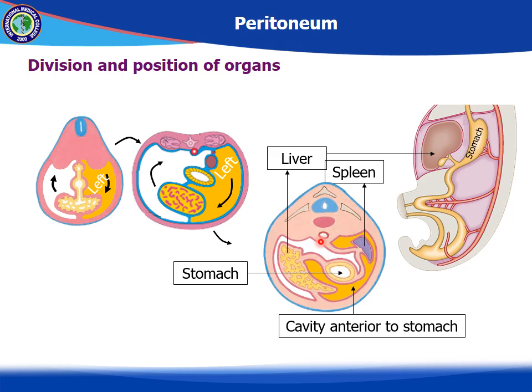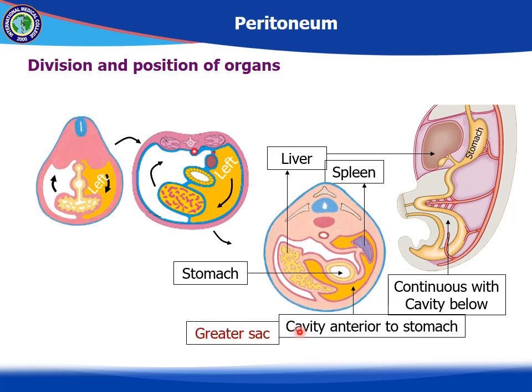The right is trapped. So the left becomes the main cavity, and the left is continuous with the large cavity below the level of the umbilicus. This is the free margin of the anterior fold. Below that, the left one continues.